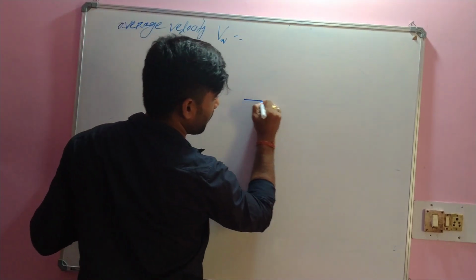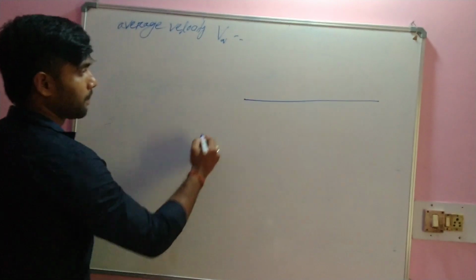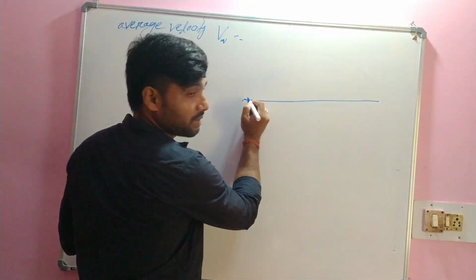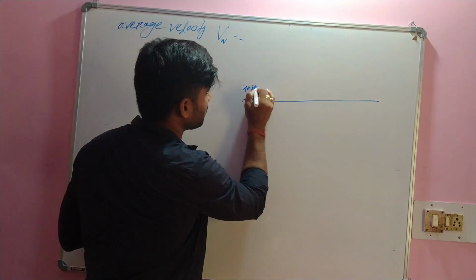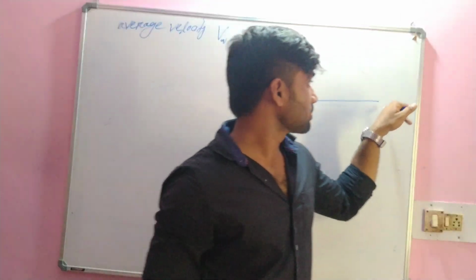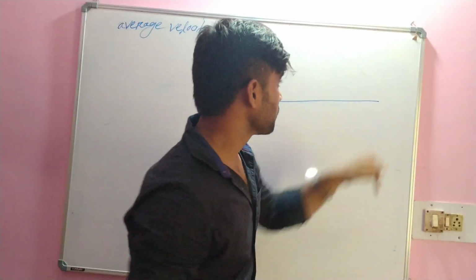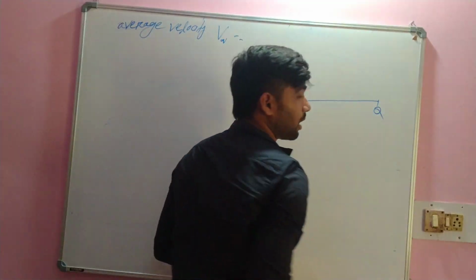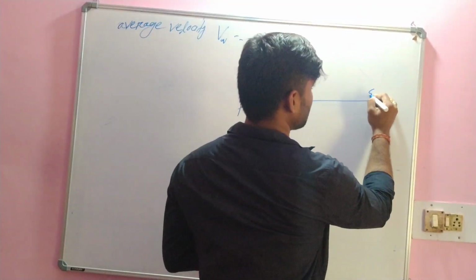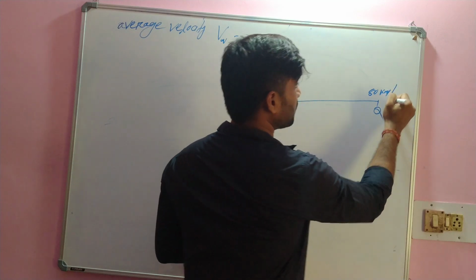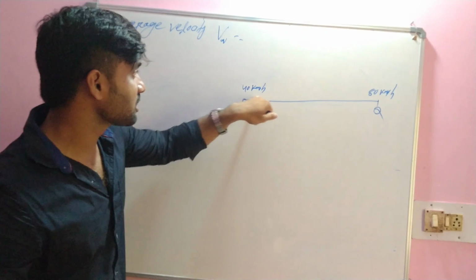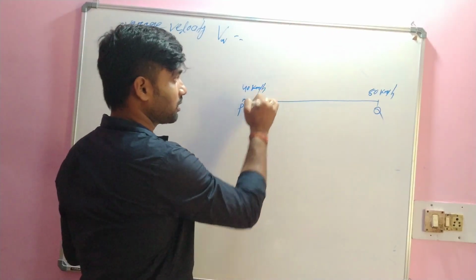Suppose Mr. Sharma is driving his car with speed 40 km per hour at point P, and he saw his speedometer at point Q. At point Q, the speed of the car is 80 km per hour. Till here, initially the speed of the car is 40 km per hour.